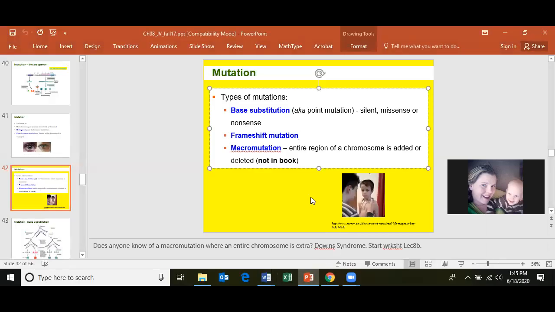So that's a frame shift mutation, and it really does change the protein after where the frame shift mutation is. Now let me state that you could pull out 3 nucleotide bases or insert 3 nucleotide bases.